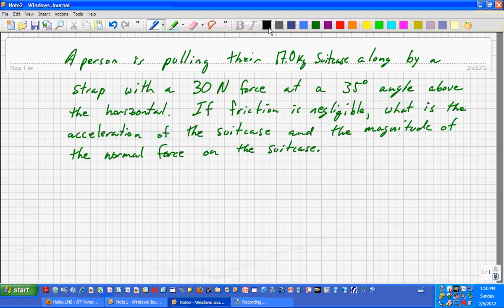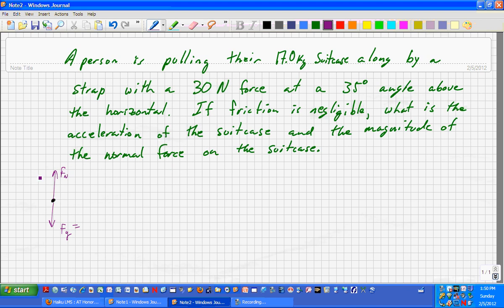So let's go ahead and get started. We've got a force diagram that we're going to draw. There's our suitcase, and we've got a force of weight working downward. We'll figure that out in a second. We've got a normal force working upward.